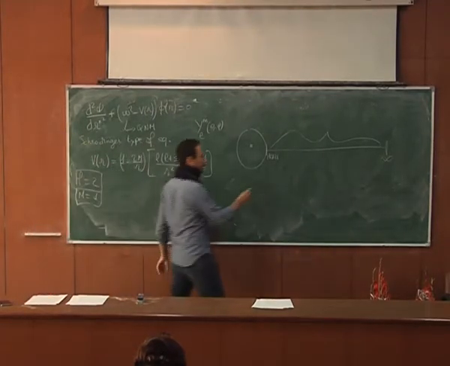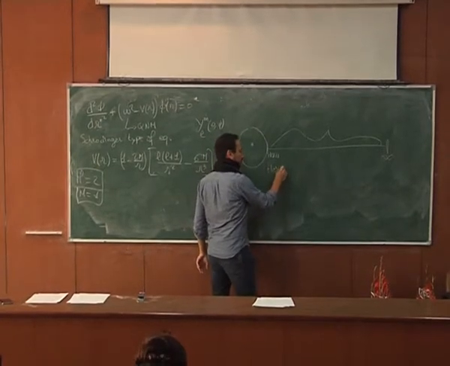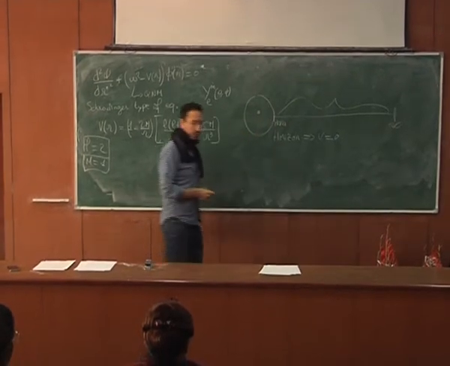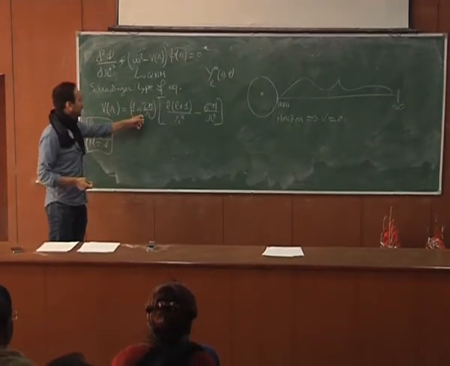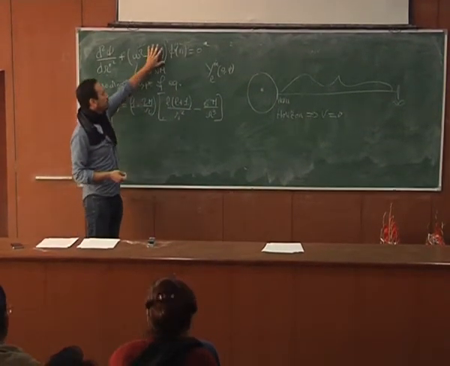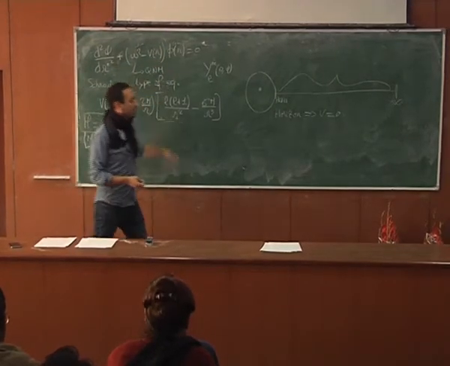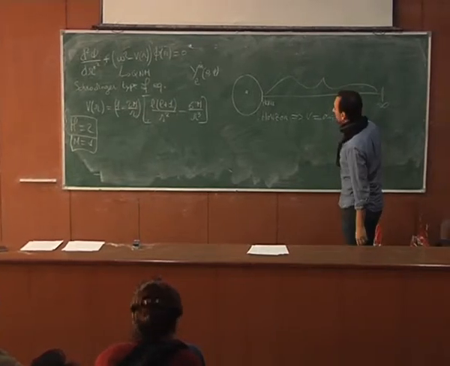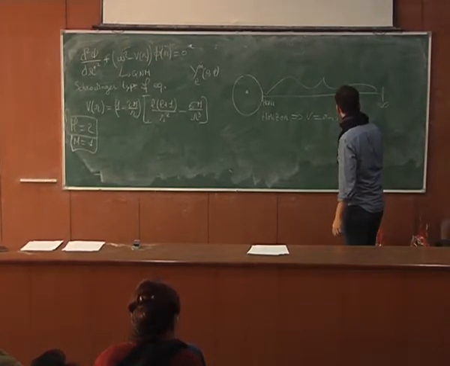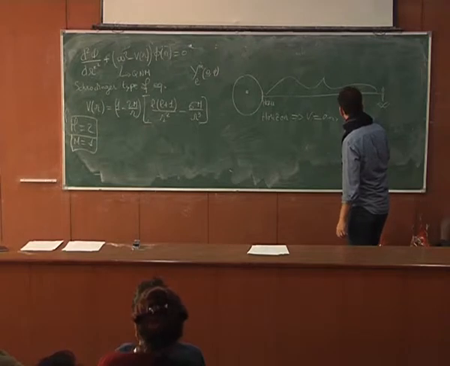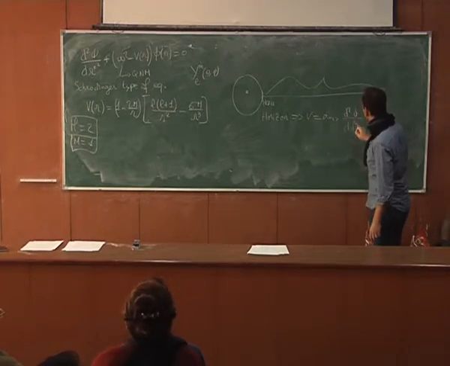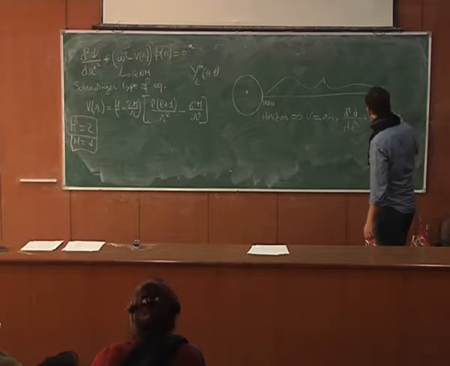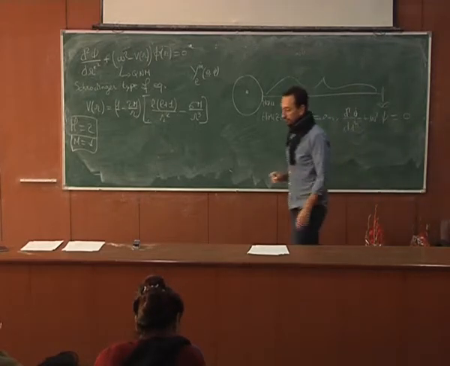So at the level of the horizon, the potential is 0, actually. So the potential goes away. So I have a very simple equation near the horizon. I have an equation which is, let me just write it like this, the second derivative of phi plus omega squared phi equal to 0.